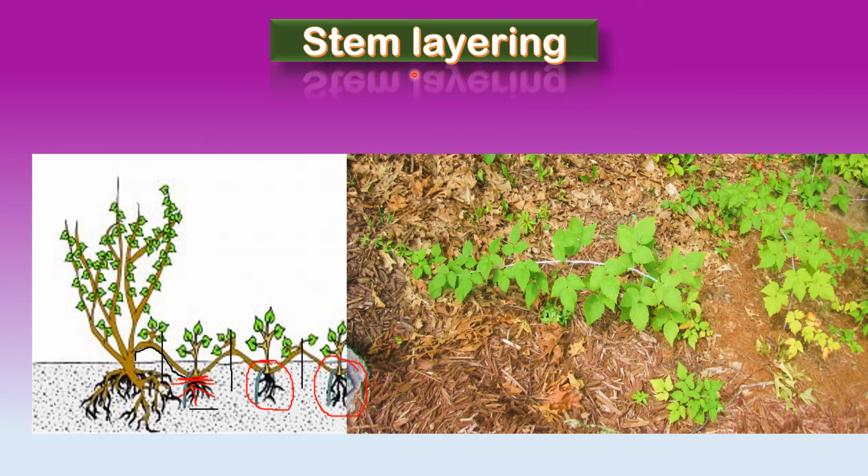I'm repeating again. In layering, the stem of a plant starts bending towards the ground, towards the soil, and when it gets covered with soil, it starts developing roots, and this is how they grow in number. Is it clear?